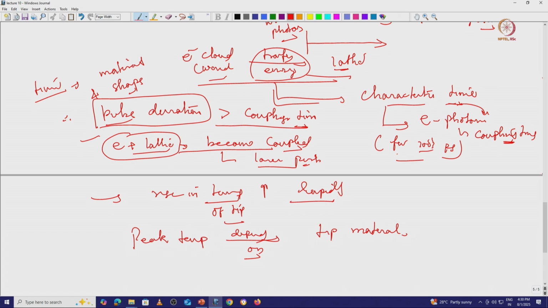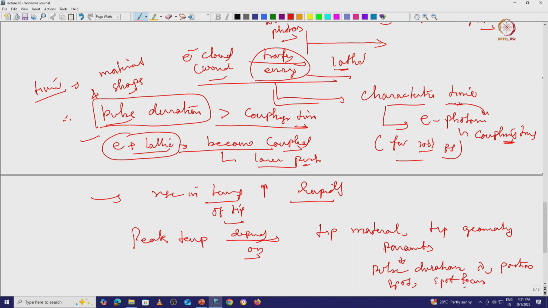But the peak temperature on the tip depends upon the tip material, tip geometry and other various parameters such as pulse duration, wavelength, position of spot and spot focus on the sample, correct.